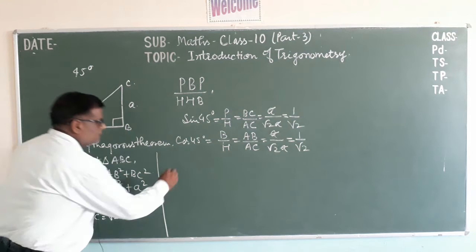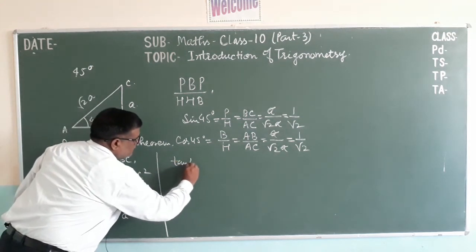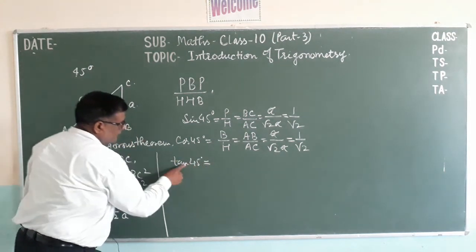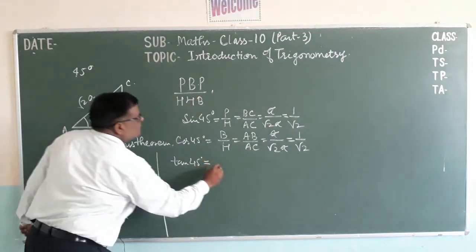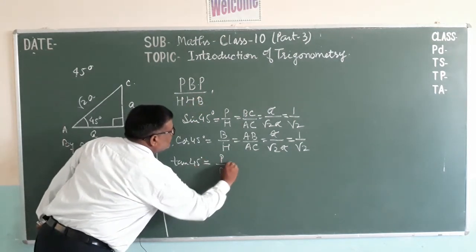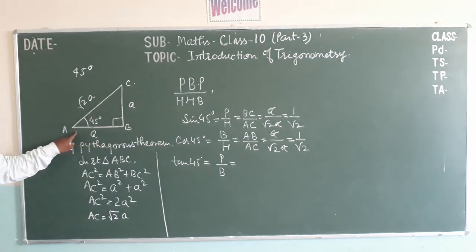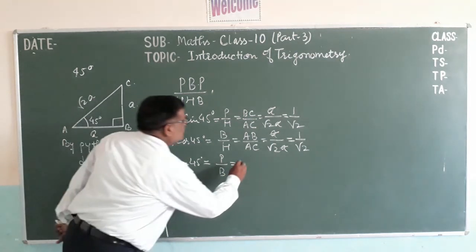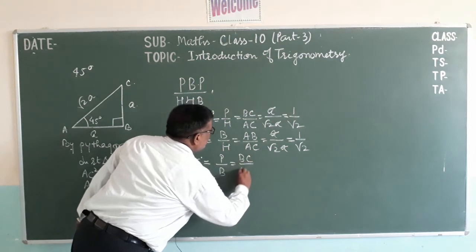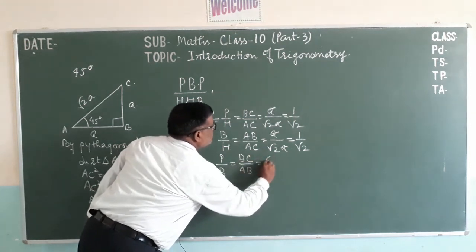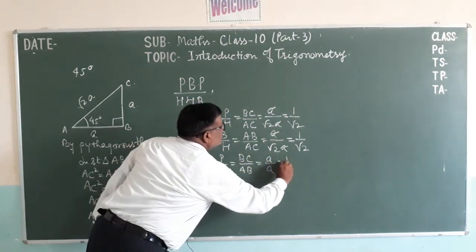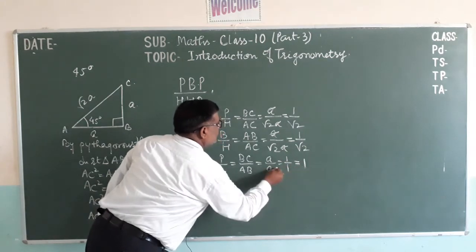Again tan 45 degrees, that is P upon B. Now look in this figure, P is BC upon AB, which is A upon A, that is 1 by 1, this is 1.